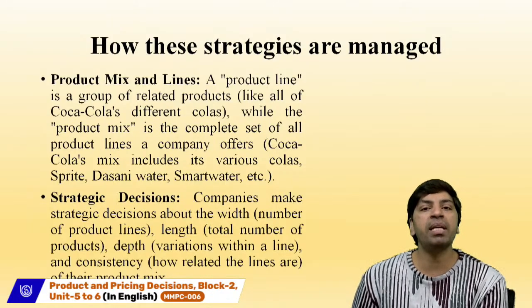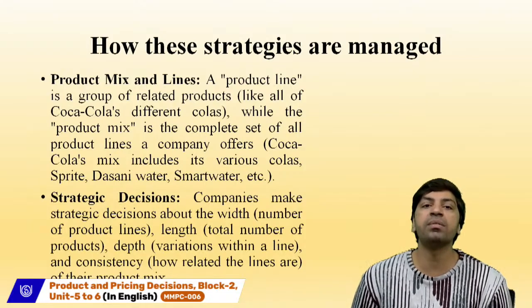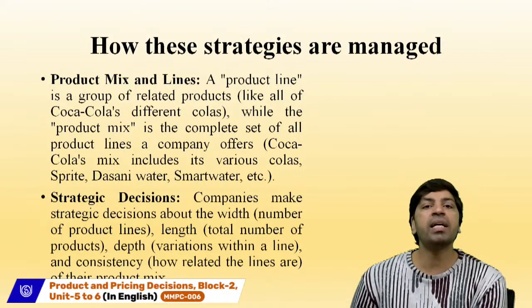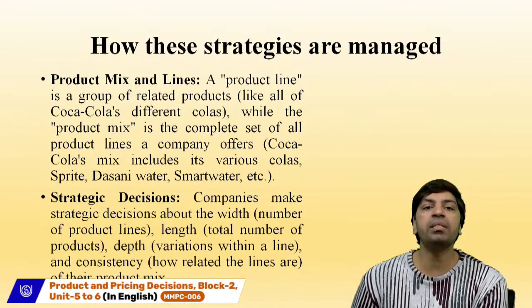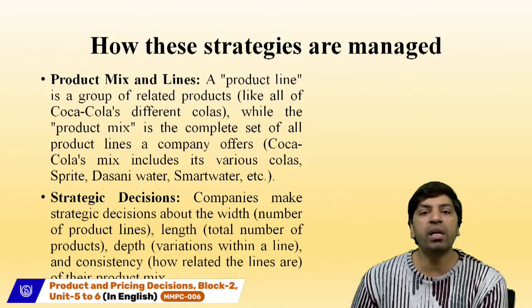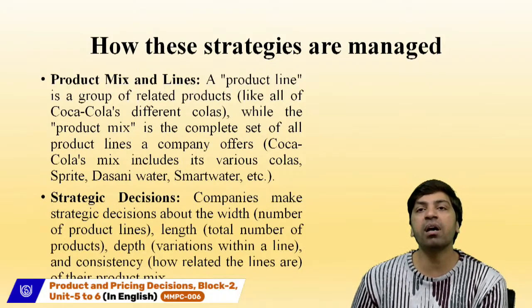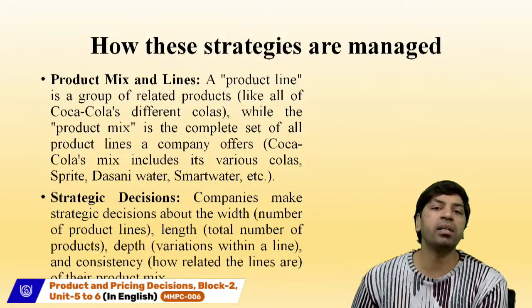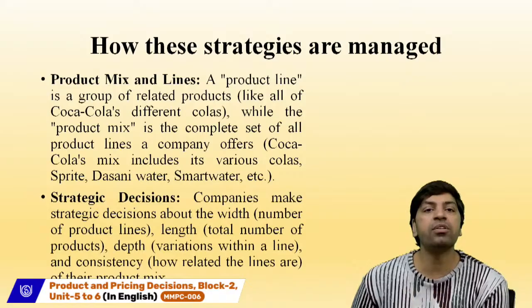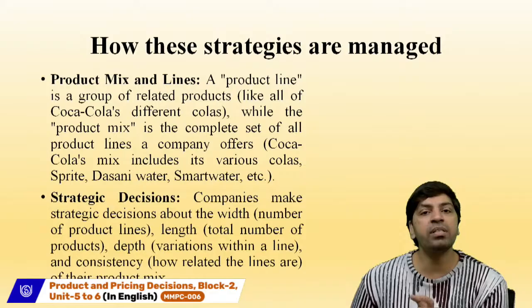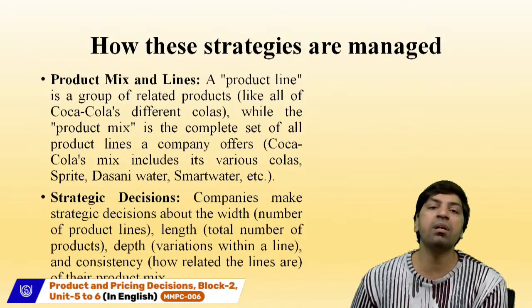A Coca-Cola mix includes its variants Cola, Sprite, Dasani water, Smart water, etc. Companies make strategic decisions about width, length, depth, and consistency. Width refers to the number of product lines. Length refers to the total number of products. Depth refers to the variants within a product line.